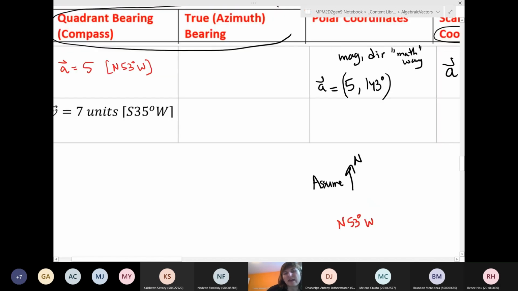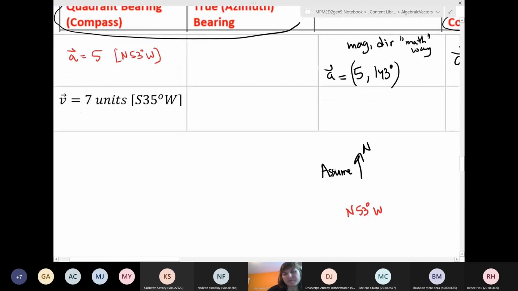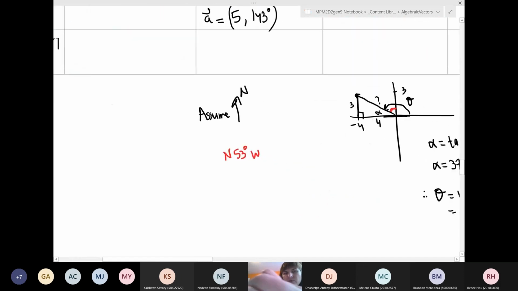And then if you wanted to say true north, like bearing, so for that one, we want to quote the rotation from here all the way around. Isn't that weird that math and physics, they conflict with each other? But that's okay. You just need to know all of them to make sure that it's just another way of quoting the same direction. So if you go all the way around, what is this green rotation? So what is 360 minus 53? So 360 minus 53. This is for the true bearing.